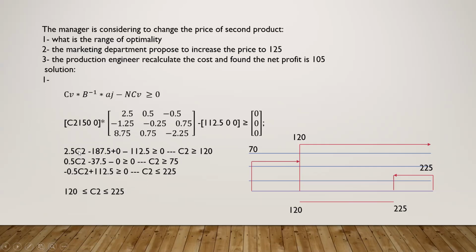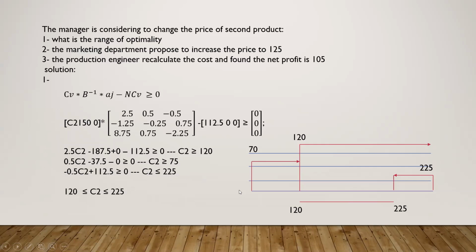Because this is on the right hand side, you put it on the left hand side, then you divide both sides by 2.5, so C2 is more or equal to 120. Then you have the second equation again, so you pick this one again and multiply it over here. You have the same thing here, so eventually C2 should be more or equal to 75. And then you do it again for the last row. Then you will have C2 is less or equal to 150.